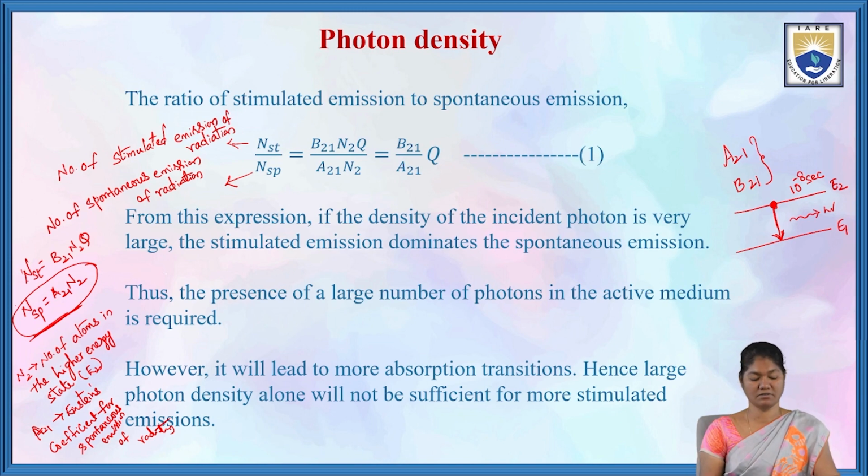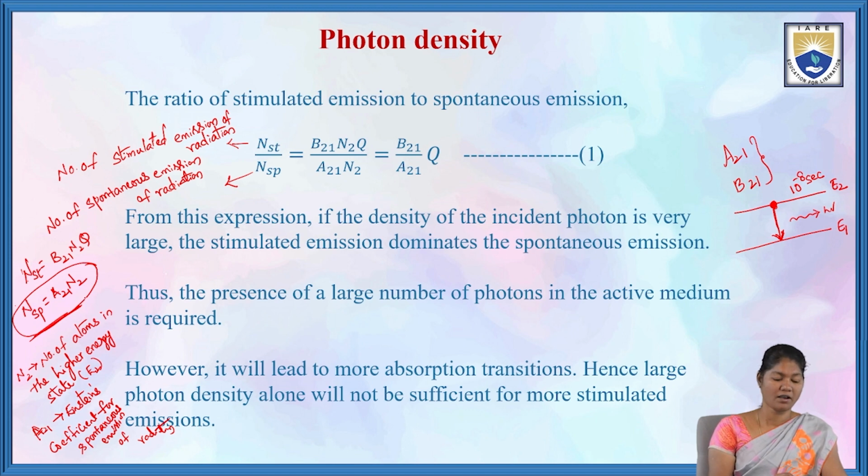So the number of spontaneous emission of radiation depends upon the number of atoms in the higher energy state, so that NSP is equal to A21 into N2. Likewise, number of stimulated emission of radiation, NST.